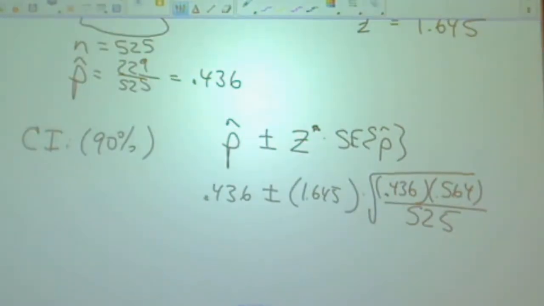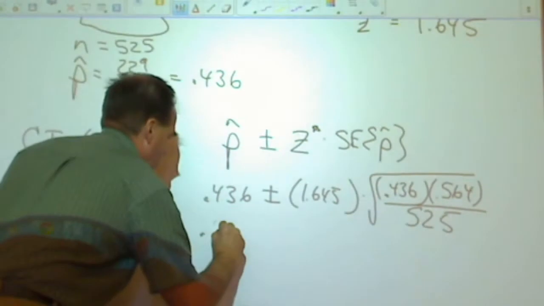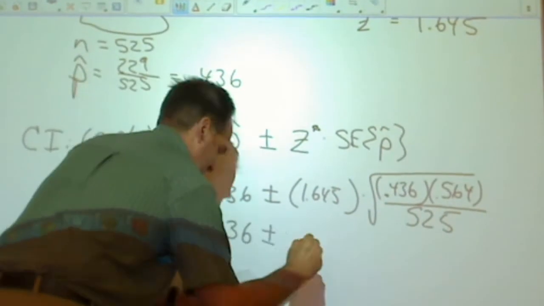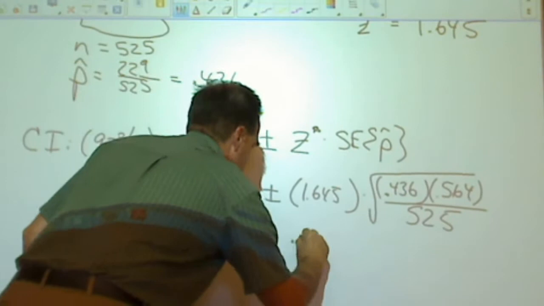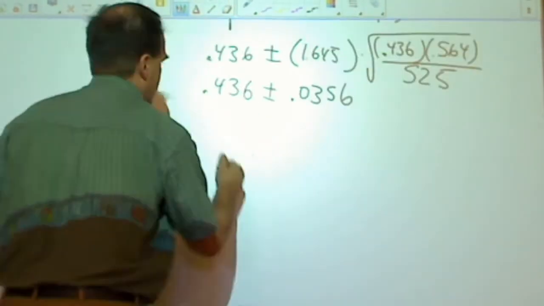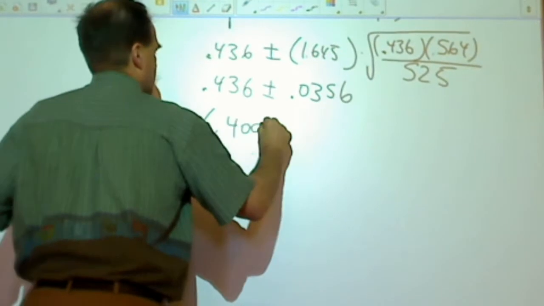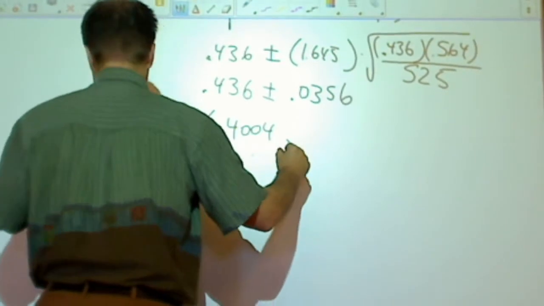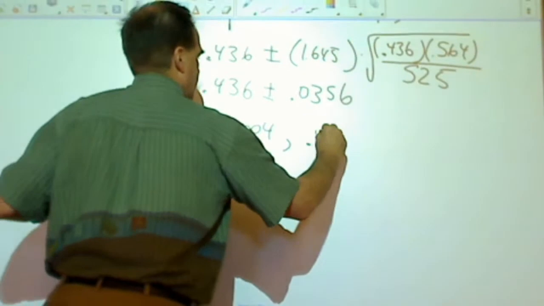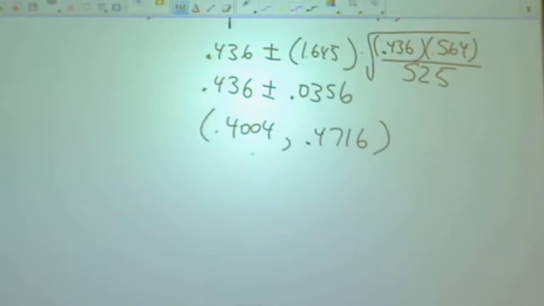That gives 0.436 plus or minus 0.0356. So the boundary is 0.4004 up to 0.4716.